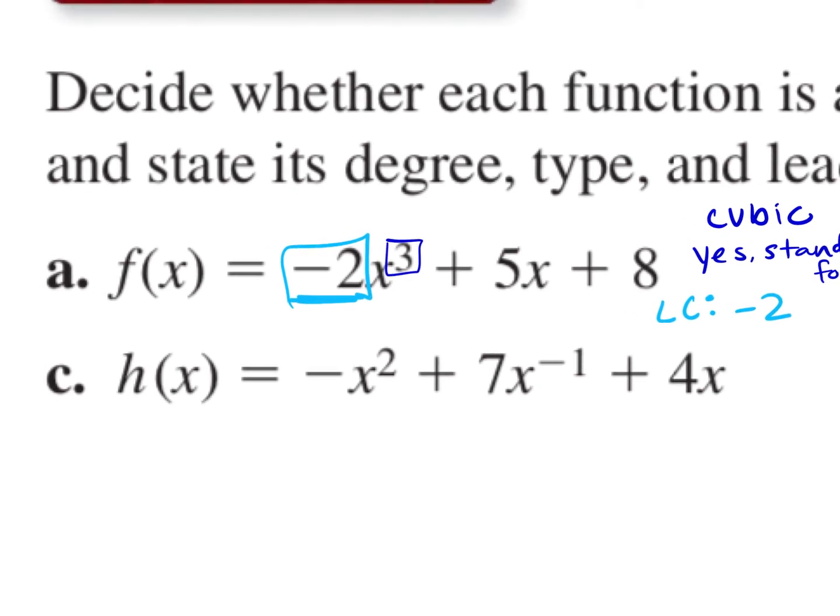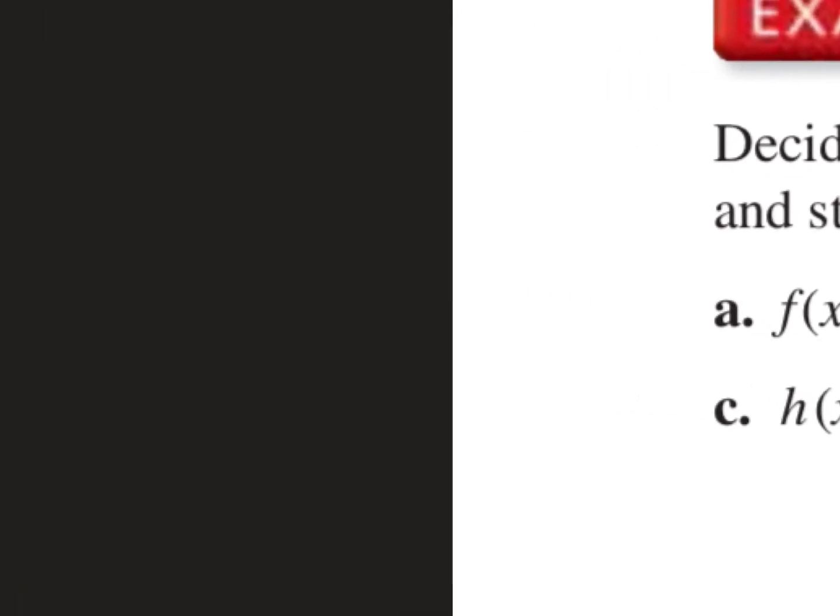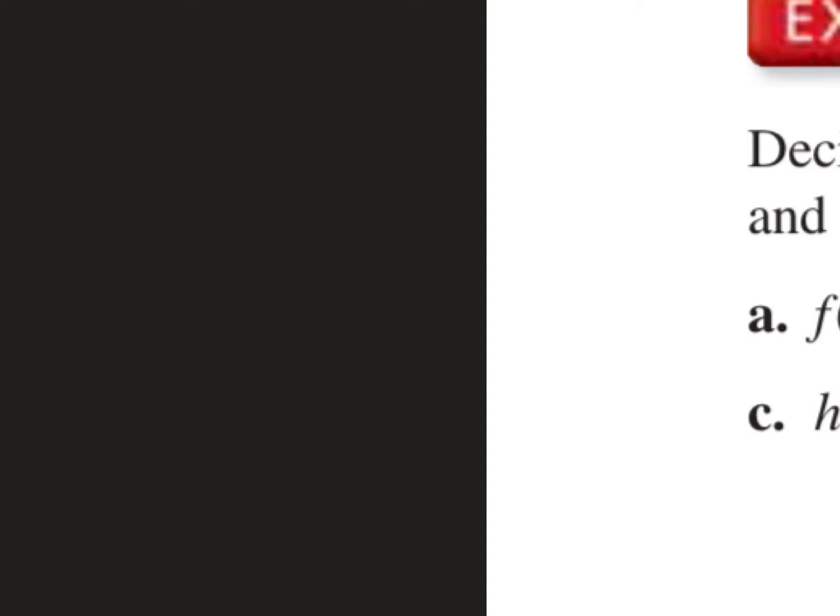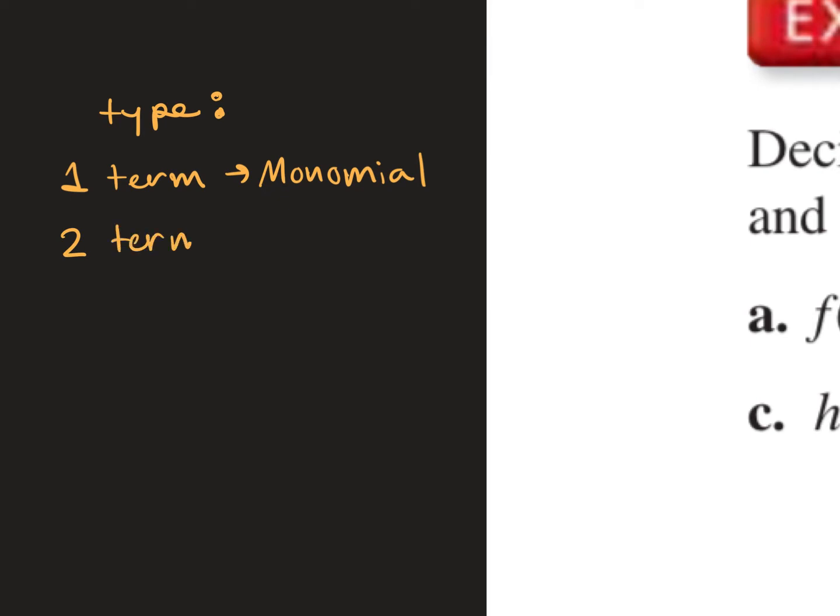Now, I also wanted to describe it by the type. It didn't mention this on the last slide, but to describe it by the type of polynomial, we have four different types. So if it just has one term, we would call that a monomial. If we have two terms, we call that a binomial.